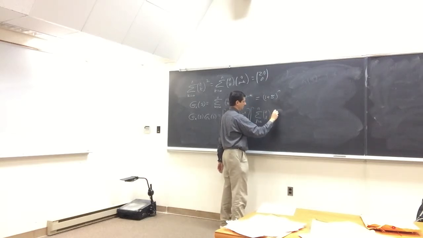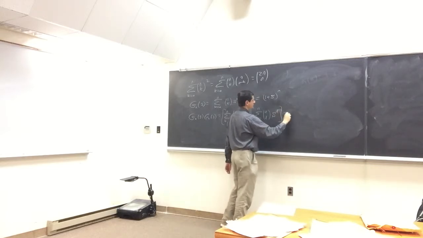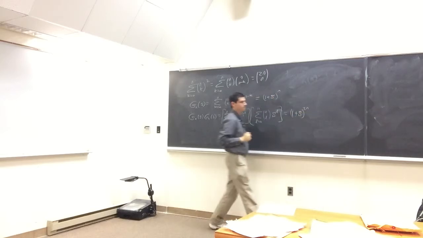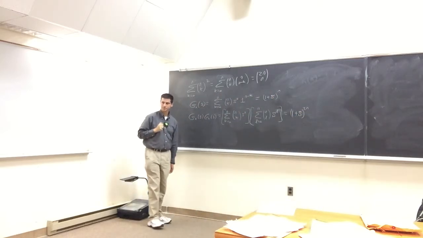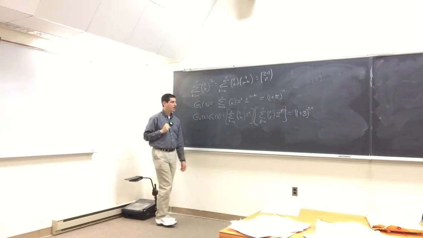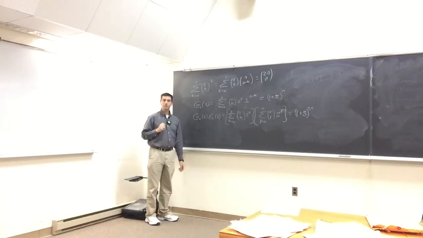And this is going to be (1 plus s) to the 2n. Right? And now we have a convolution, basically, of 2 series.